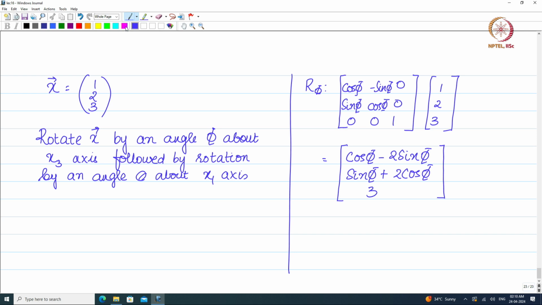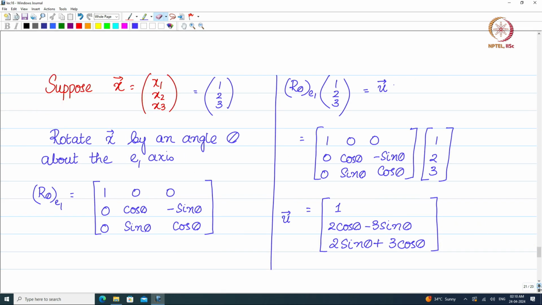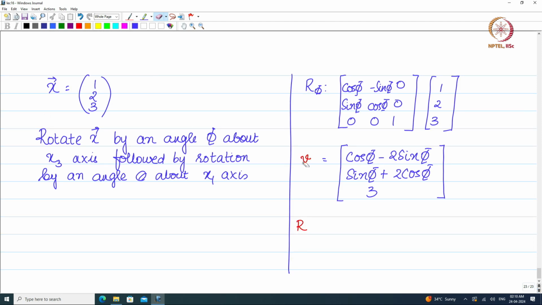Now, I am going to do r theta of the above. So, in the previous case we called this vector u, I am going to call this u prime vector.